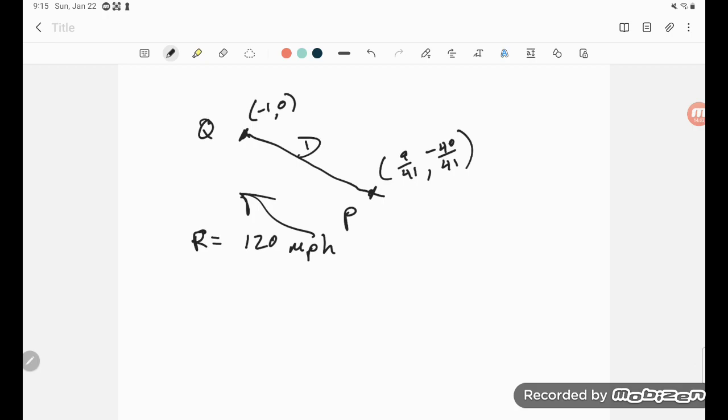I just need to know the distance, right? Because then I can get time is equal to distance divided by rate.